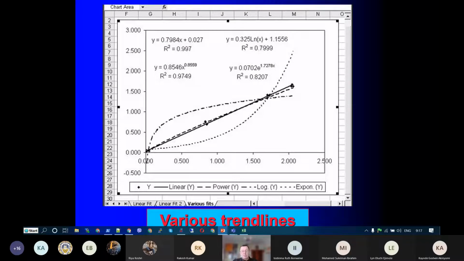Okay, and here is an example of how we can see multiple trend lines added to a single data set, and what kind of trends we can expect, given the models and the expected quality of fitness.